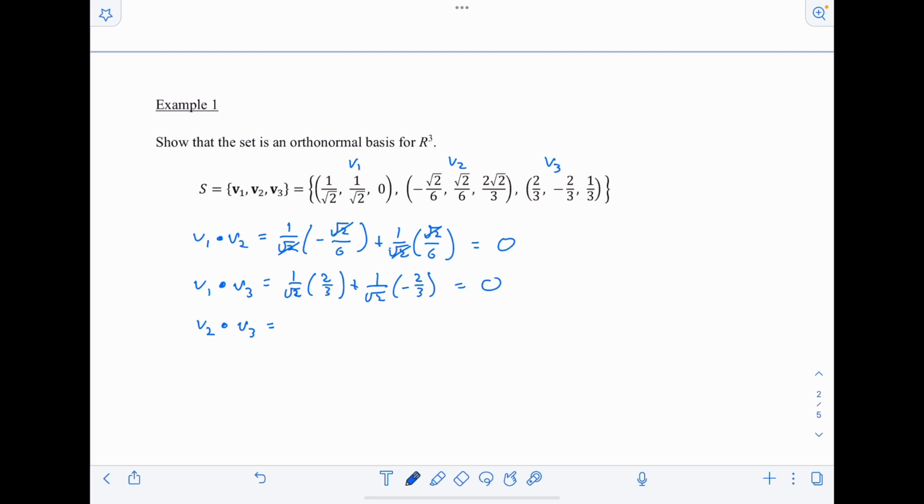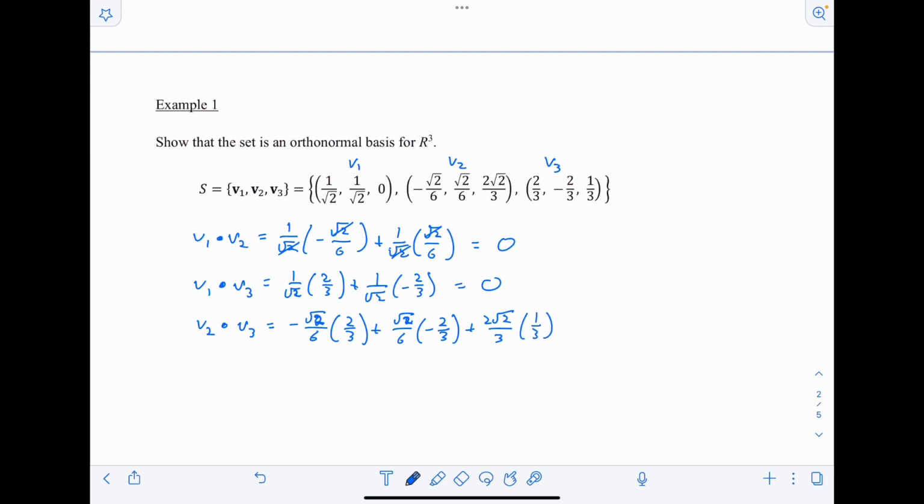So here we're going to have negative root 2 over 6 times 2/3, plus root 2 over 6 times negative 2/3, and then plus 2 root 2 over 3 times 1/3.